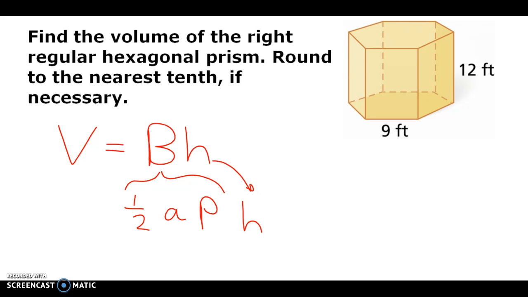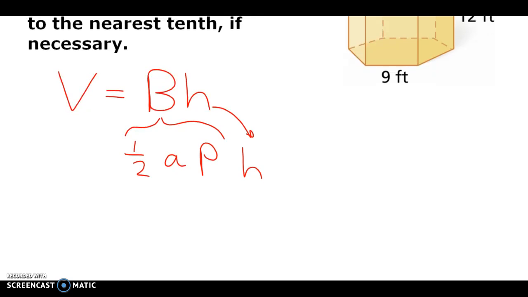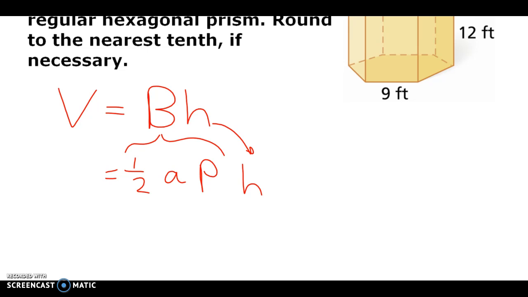Yeah, it says that in the directions: it's a regular hexagonal prism. So what do we know from this formula so far? What's P? 54. 9 times 6. So 9 feet by the 6 sides gives us a perimeter of 54 feet. What's the height? 12.